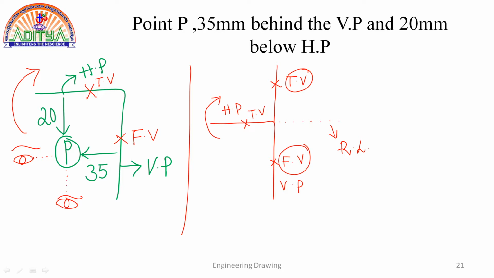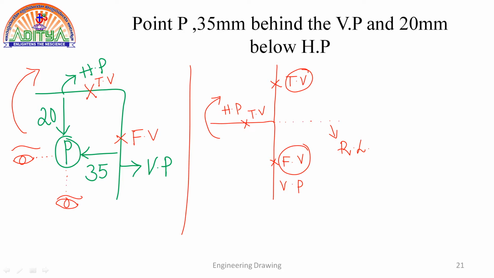Now, based on this, we will draw the final image. For every question, first we need to identify the quadrant system, the angle of projection, and a rough image. For better understanding I am drawing all these things. If you draw like this, you can easily understand the projections you need. It is not that tough. So, now finally we are going to draw the final image of the given question.